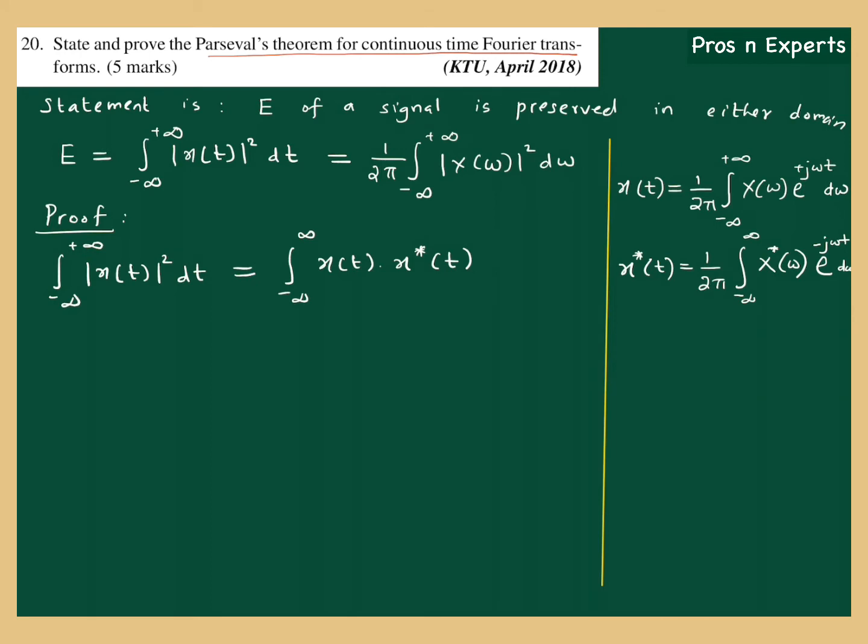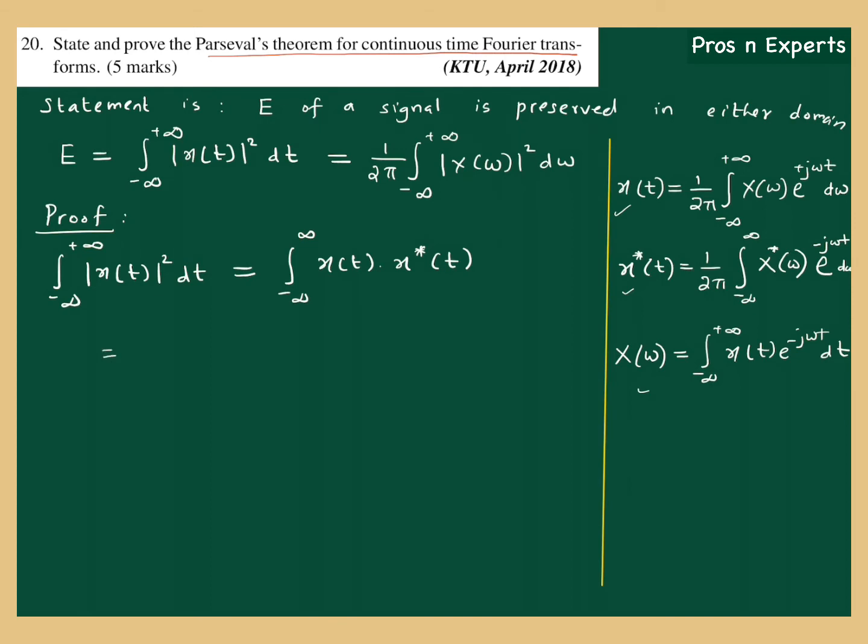Now for your additional information, I can always remind you x of omega is equal to integral minus infinity to plus infinity x of t e raised to minus j omega t dt. Okay, this will be needed in the upcoming steps of the proof. So having these three results in hand, I have started with mod x of t square, and I have written it as x of t into x star of t.